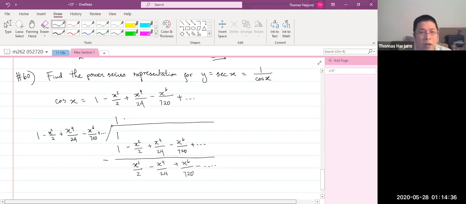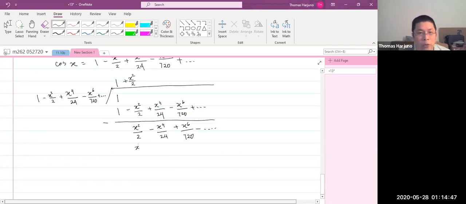And then I get plus x squared over 2 here, and then minus x to the 4 over 4 plus x to the 6 over 48, and then subtract again.